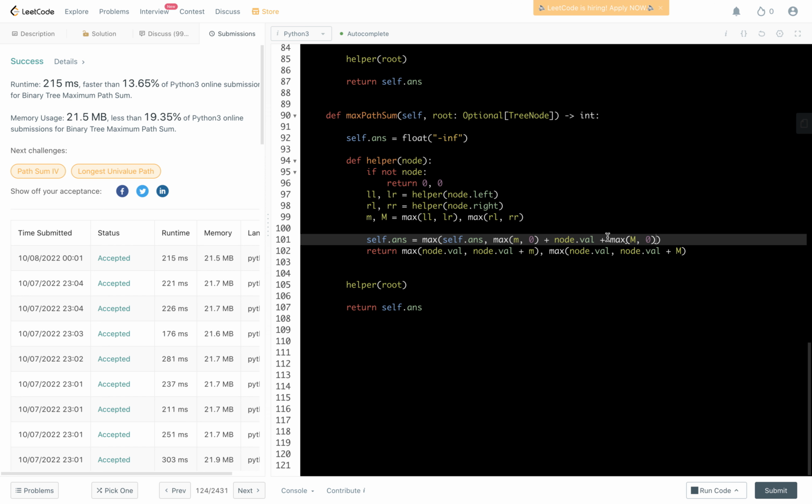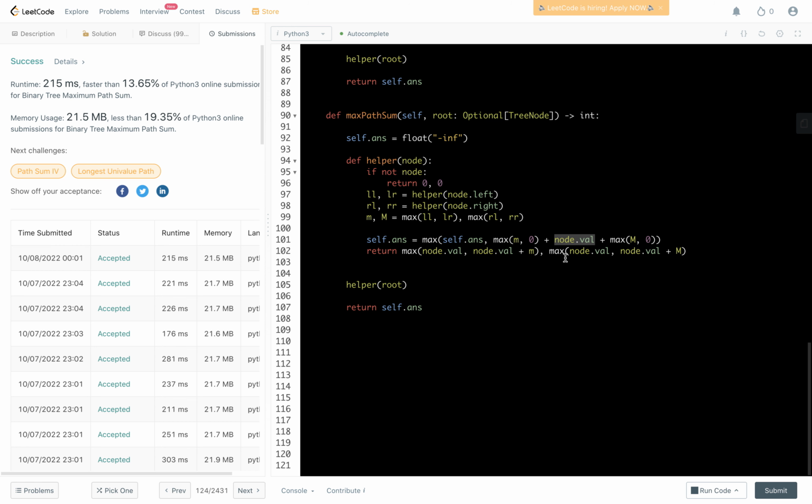And then we put node value, and then plus max of capital M and 0. This max of capital M and 0 checks if we can go to right, or if it's necessary to go to right, right? So this actually simplifies the code, and this function actually writes a lot of logic inside.